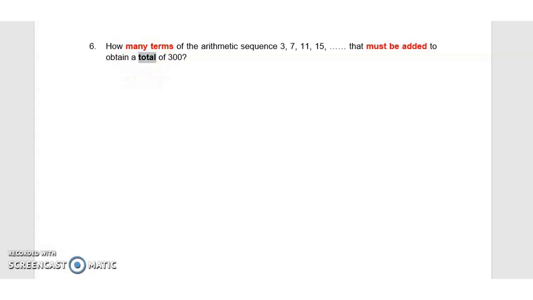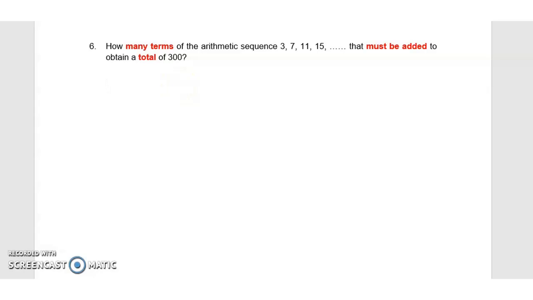Now in arithmetic sequence, we already learned about the term and the sum. So in this question, we need to use the sum formula. Why? Because it says that must be added to obtain a total of 300. So we need to use formula Sn.